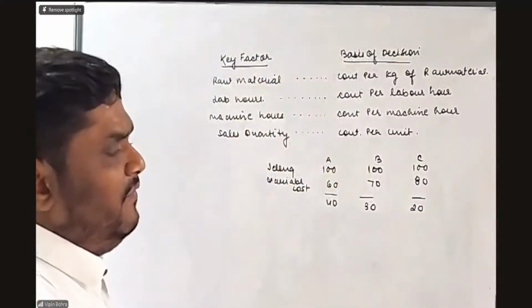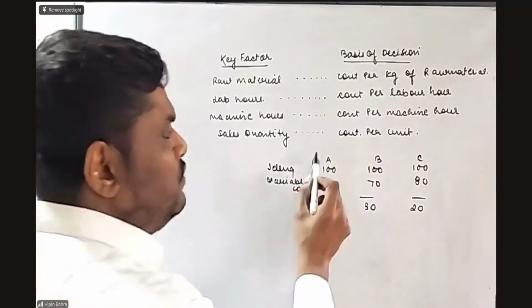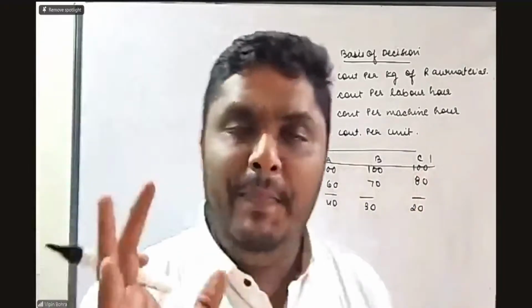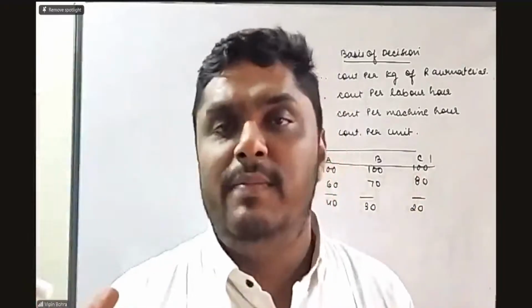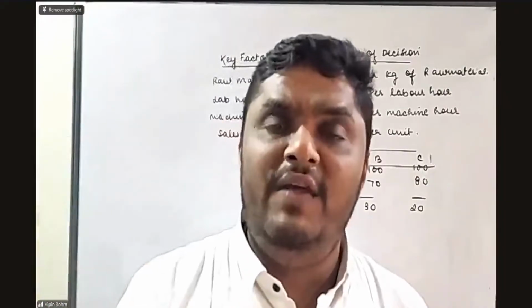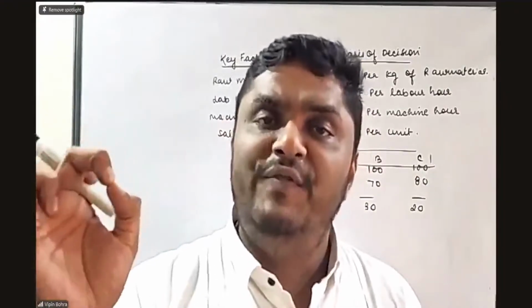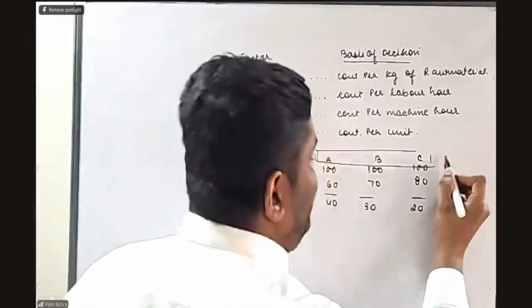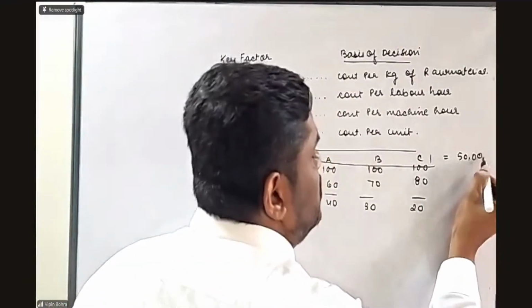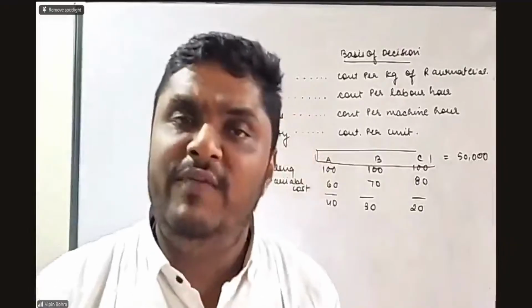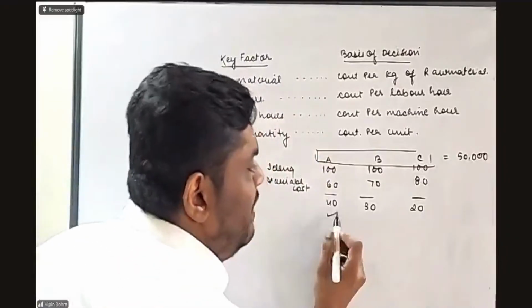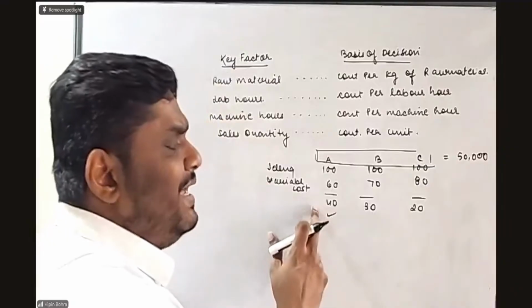Overall, at most 50,000 units can be manufactured of any product. That means the company can manufacture at the most 50,000 units of A plus B plus C in total. So which product will we manufacture? Very simple, product A only, because the contribution per unit is highest.